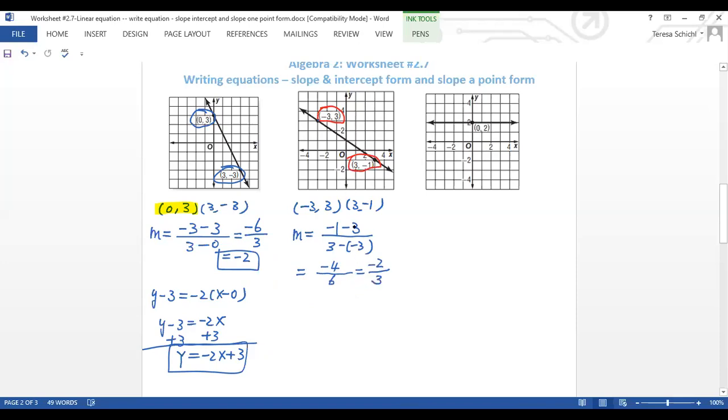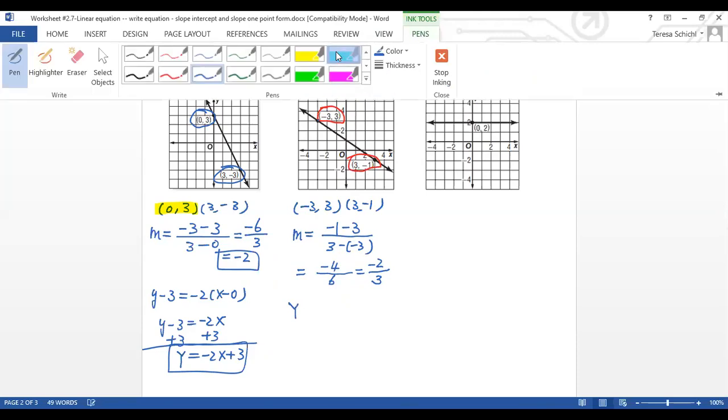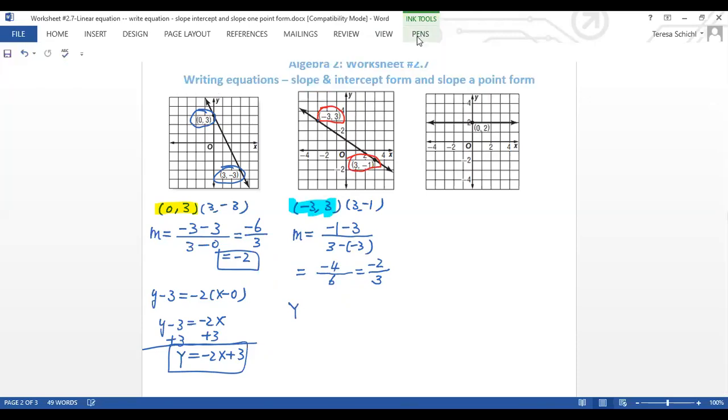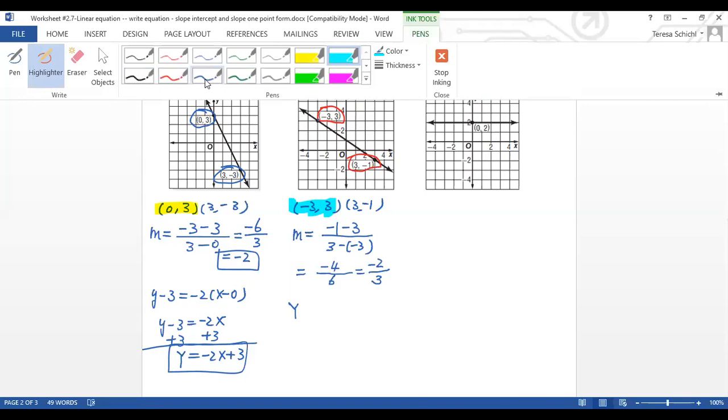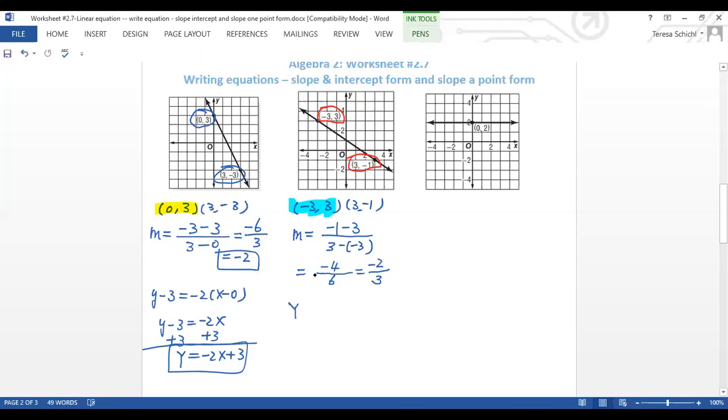Now you can choose a point. Here it doesn't really matter which point you choose, since there's no 0 there to simplify. So I will just choose the first one. It doesn't matter which one because both will work. So it's y minus 3 is equal to -2/3 times (x minus -3). Be careful about those negative signs.